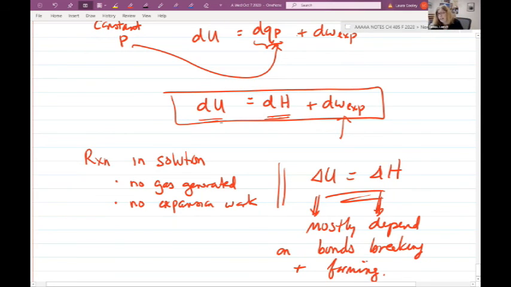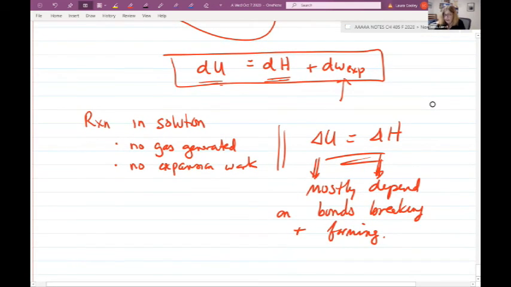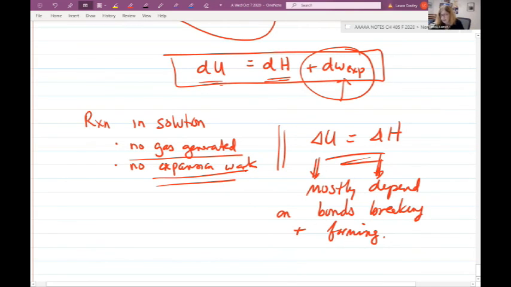The bonds that are breaking and forming are the main thing that's happening, and that's what's providing these changes. And sometimes the difference, which is a little bit of work, is actually very small. So when there's no gas generated and no expansion work done, they're absolutely equal, and it's all about making and breaking bonds.